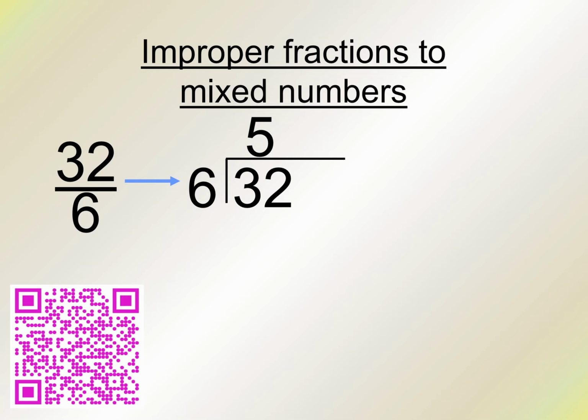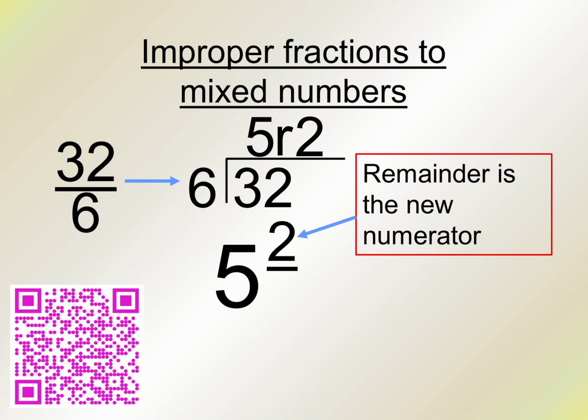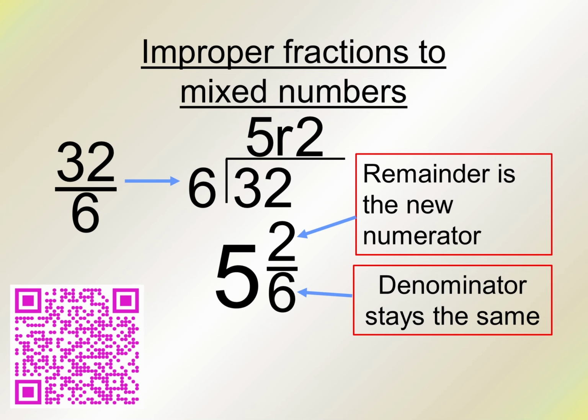The 5 is your 5 whole, and your remainder is your new numerator, and just like before, your denominator stays the same, so 6. Now don't leave it like that in the exam. You always simplify where you can. And we know 2/6 can cancel down. The highest common factor that can go into 2 and 6 is 2, which simplifies to be 5 1/3.